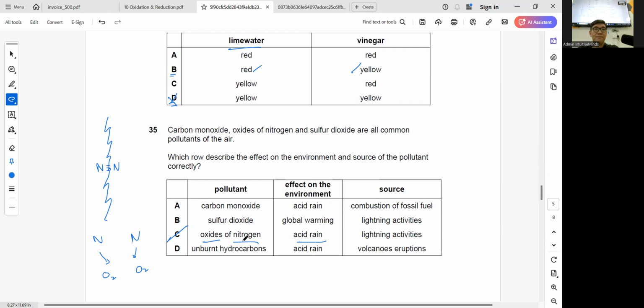Both of which are pretty bad, right? No, NO is neutral actually, but NO can become NO2 quite fast. NO2 will then be the one that forms acid rain when it dissolves in rainwater. NO2 plus O2 plus H2O gives you HNO3.